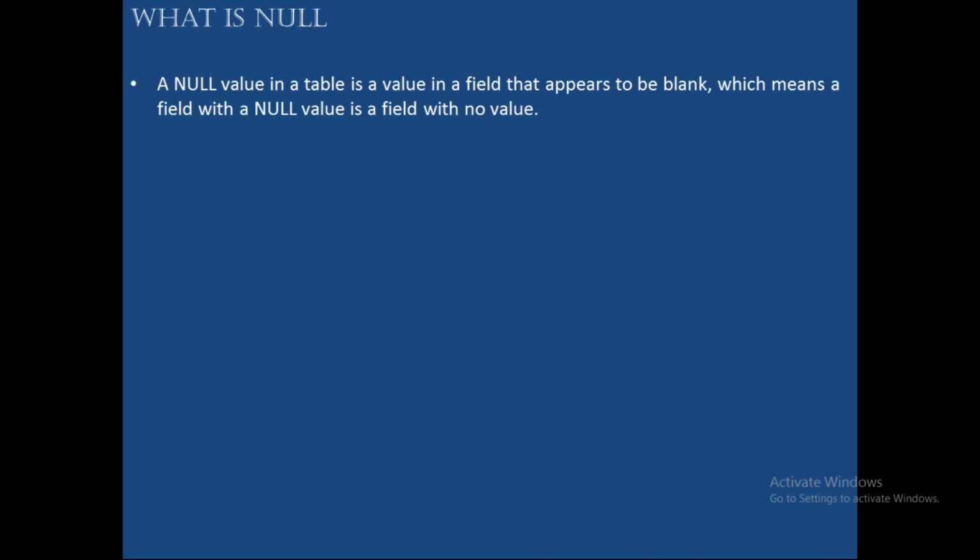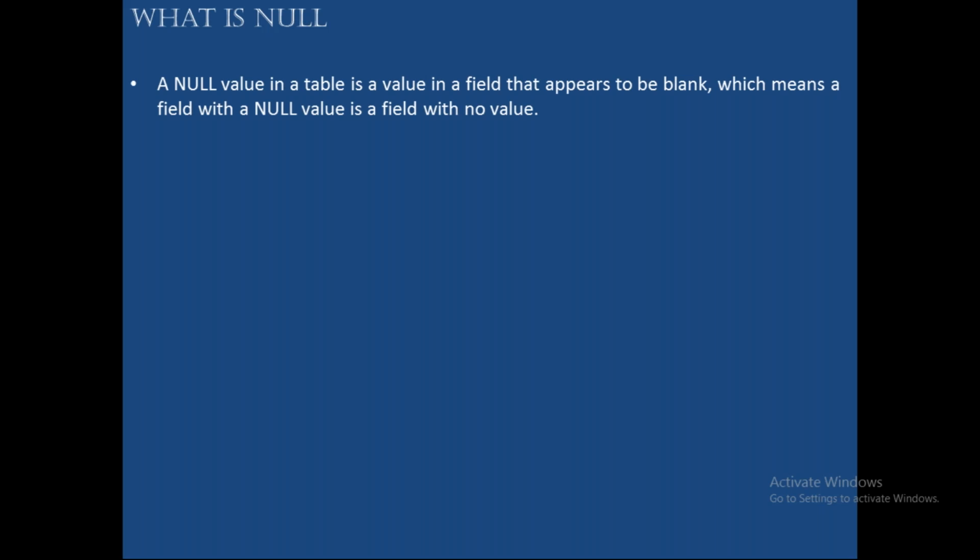Next. What is null? Remember, a null value in a table is a value in a field that appears to be blank, which means a field with a null value is a field with no value. If somebody is not giving any value, it will go as an empty value, no value.